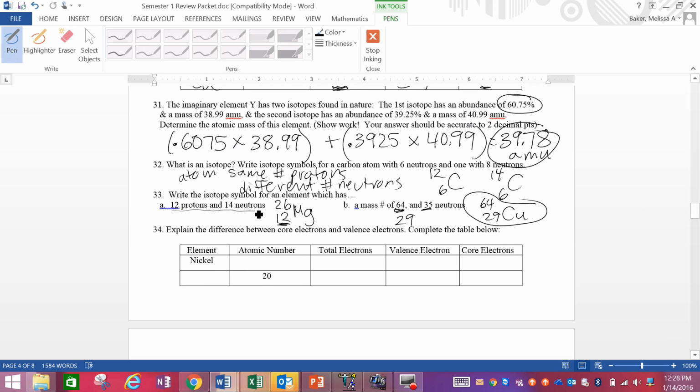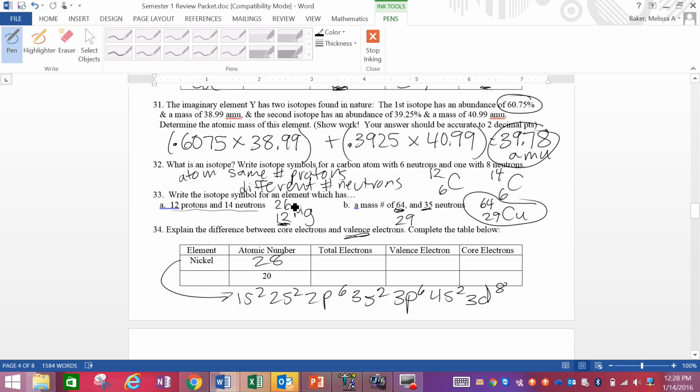Last one, explain the difference between core electrons and valence electrons. Valence electrons are the electrons in the outer shell. Nickel is number 28. If we write out the electron configuration, 1s2, 2s2, 2p6, 3s2, 3p6, 4s2, 3d8.